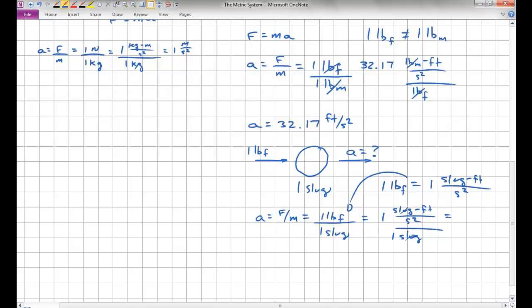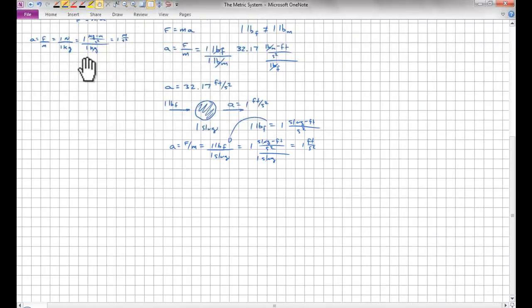And it turns out slugs will fall out, and we're left with 1 foot per second squared. So the acceleration in this case, with an object with a mass of 1 slug and a force of 1 pound force, conveniently enough, is 1 foot per second squared.